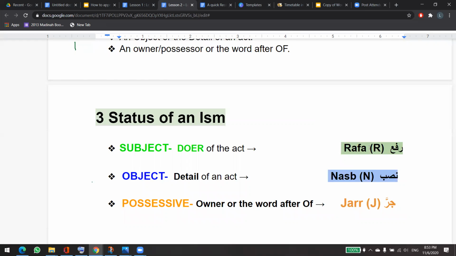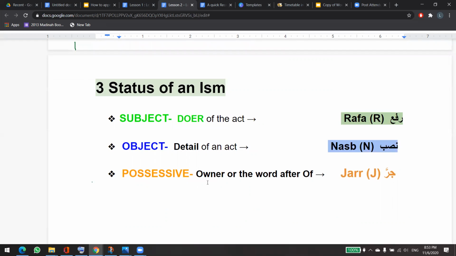All the details of the action, direct object or indirect, all details of an action are nasab in status. And in a sentence, if there is a possessive case, the owner is mentioned with an ism, then the owner or the word after of is jar in status.